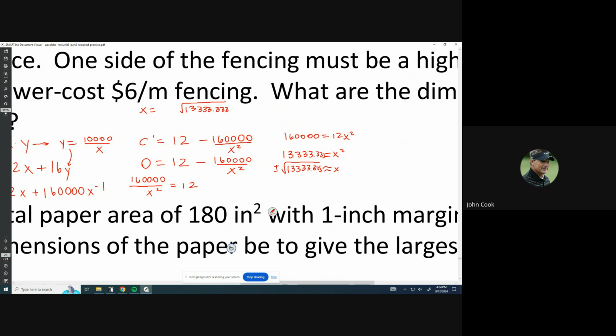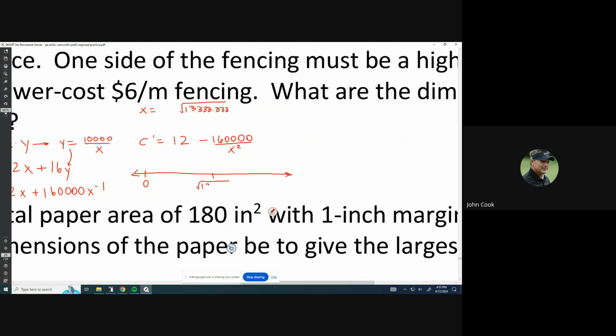And now let's use the first derivative test to figure out if this is indeed going to be a minimum. Okay, so for the first derivative test, we just draw a little number line here. And then, 0 is kind of like a cutoff value for us because we're not going to have any side length less than 0. So I'm just going to start my number line there and then go through the square root of 13,333.333. And then I've got two intervals to look at, 0 to that square root, and then that square root and every number above it, right?